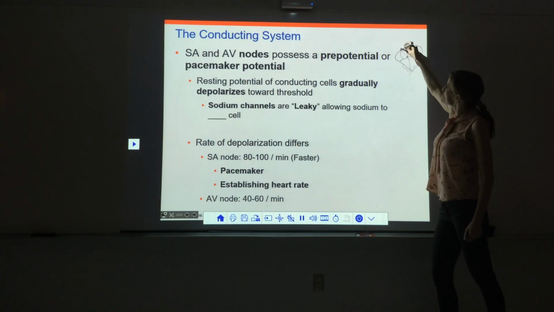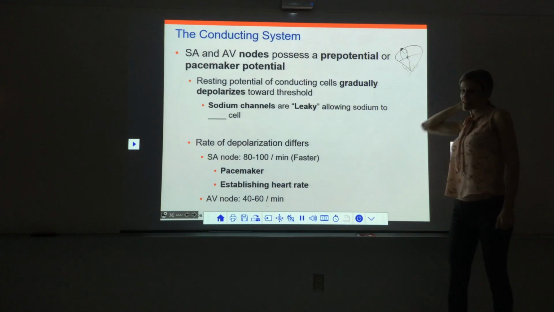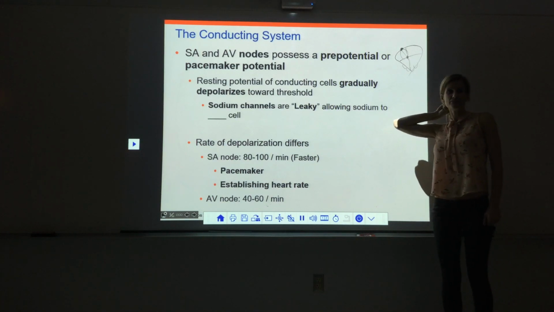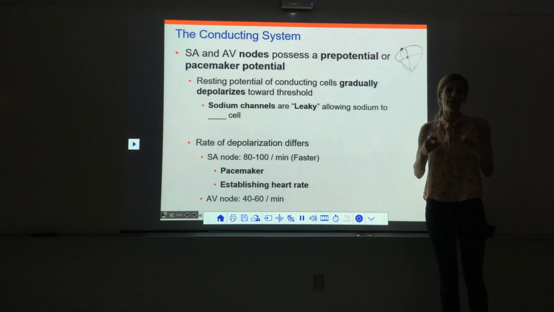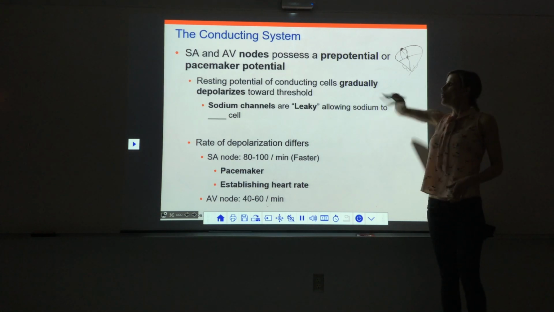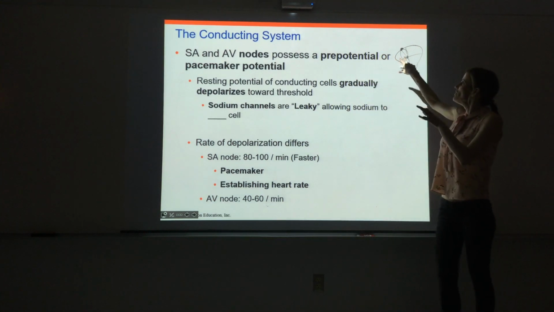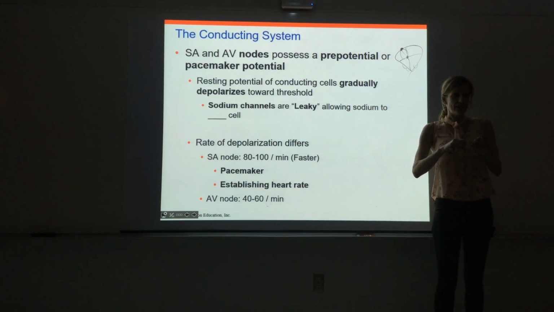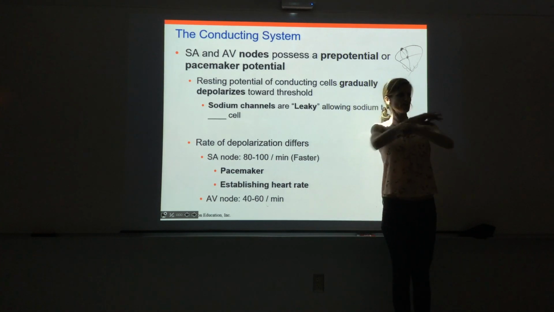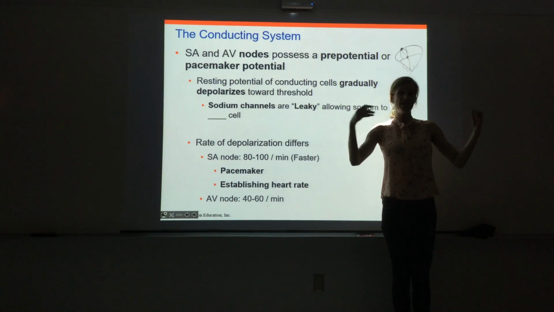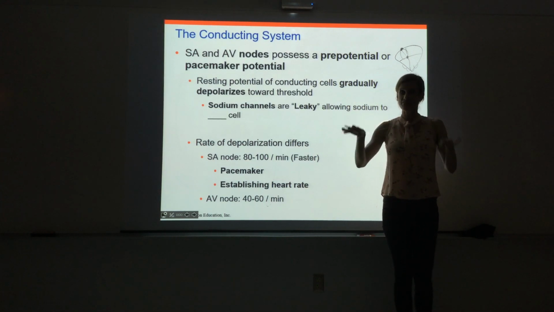The cells that make up the SA node and the AV node are highly specialized cells. They have something called a pre-potential or a pacemaker potential. These cells do not have a stable resting membrane potential. Most cells do, right? Most cells sit at negative 70 millivolts, or negative 90 millivolts. That's their resting potential.